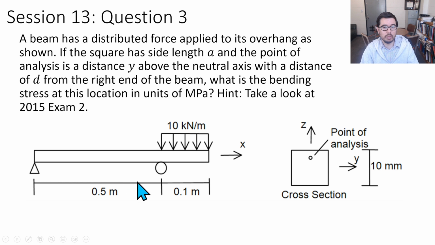So be careful with that. You'll see there's an x term here, and then an x prime term that I defined starting from this roller. So the question is a little bit tricky, but it's saying a distance of d from the right end of the beam. So we're going to need to do a little bit of subtraction to get this appropriate location in our bending moment equation.